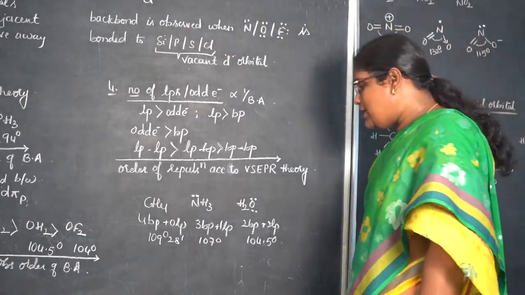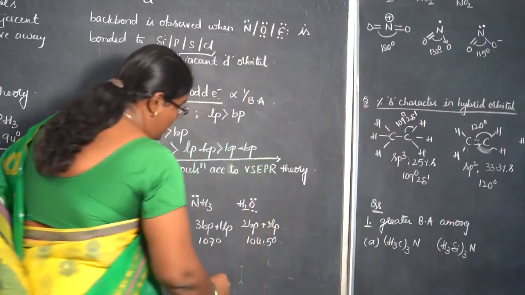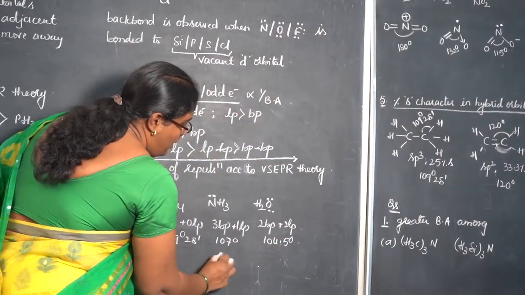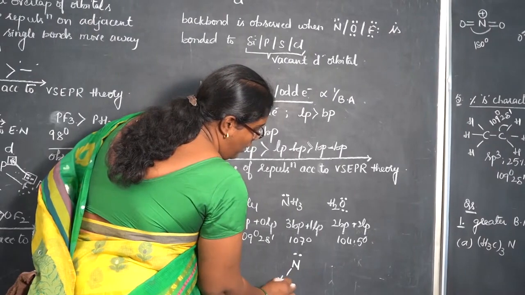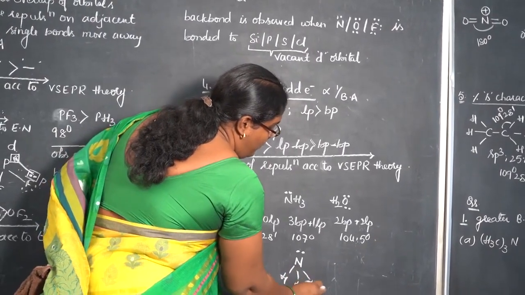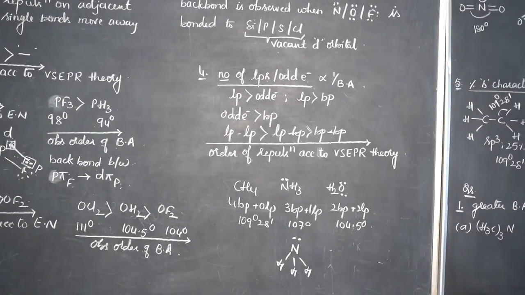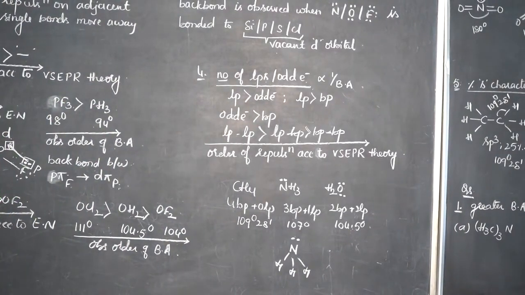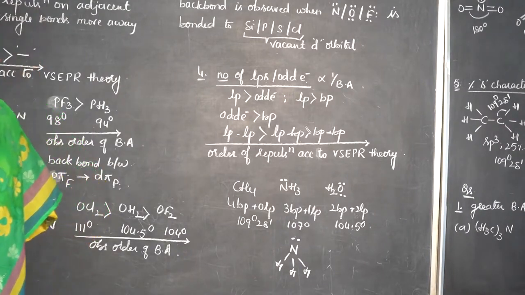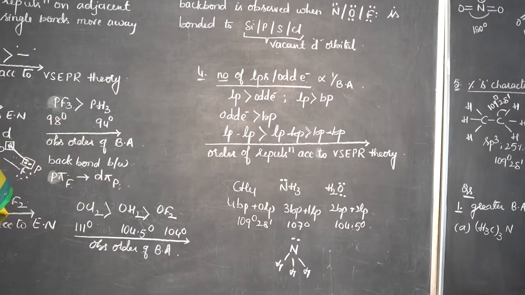So how can you explain that? In ammonia, nitrogen has 1 lone pair, and the lone pair is attracted by only a single nucleus. So the lone pair experiences more repulsions since the magnitude of attraction is less.